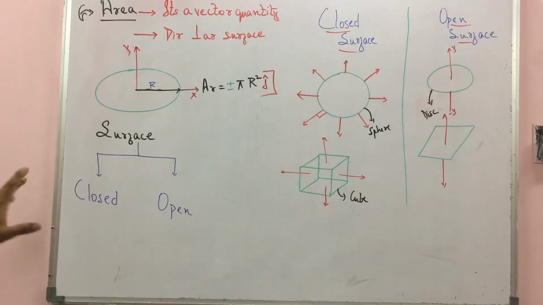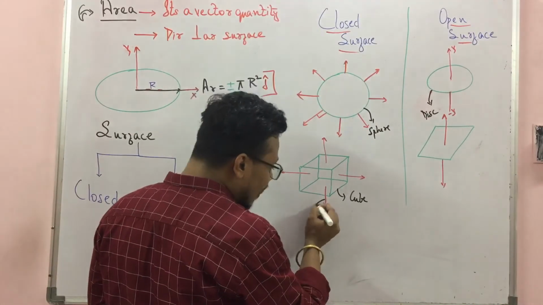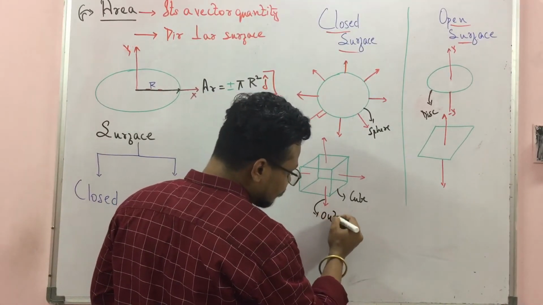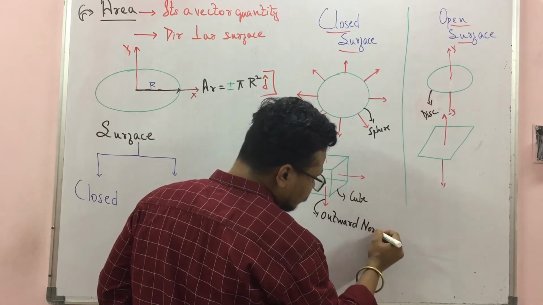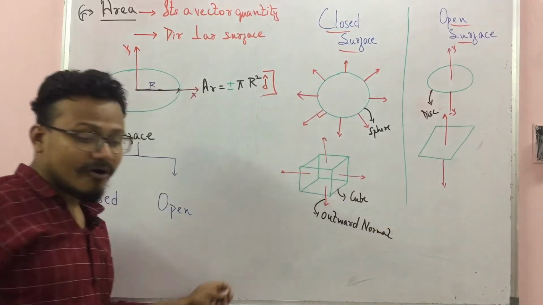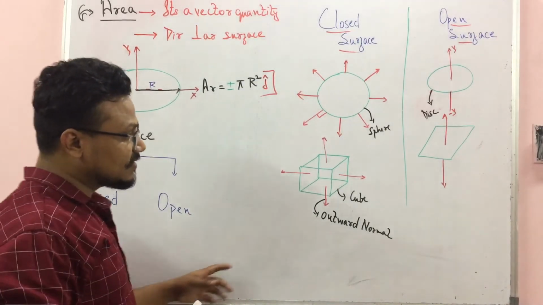But for a closed surface, always consider the outward normal. It will always be the outward normal as the area vector direction.